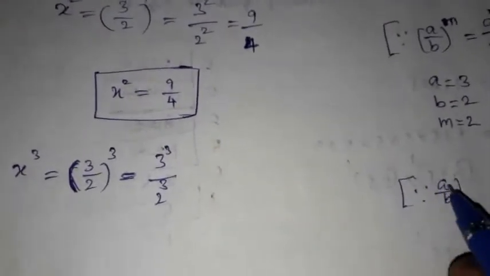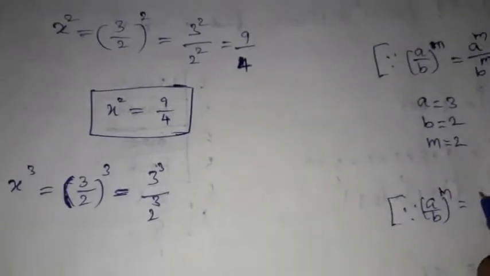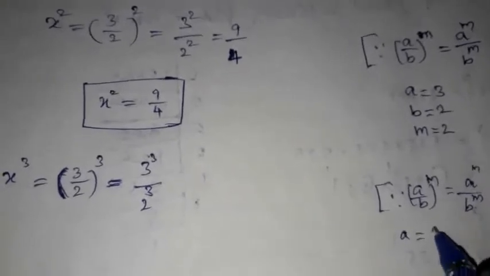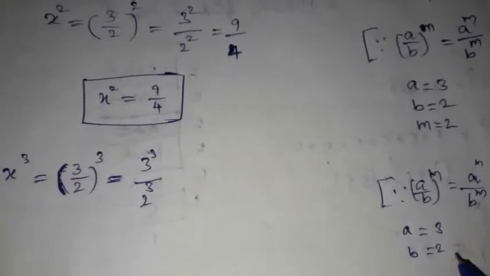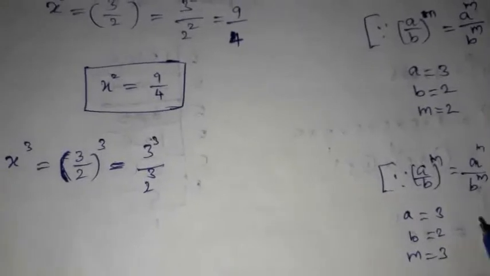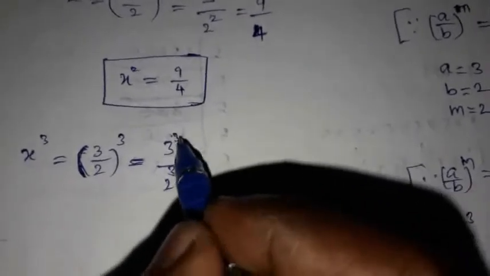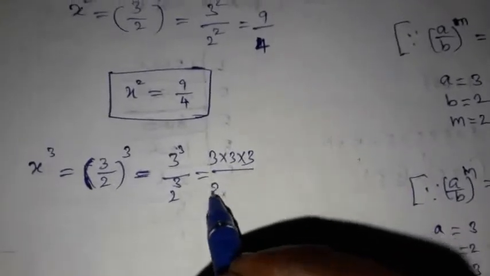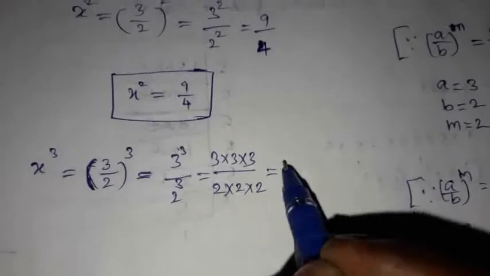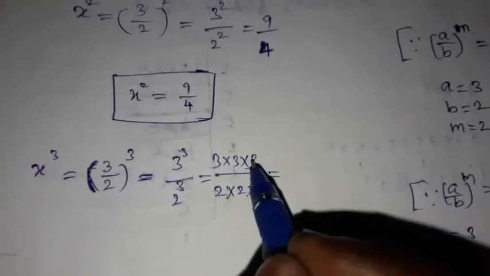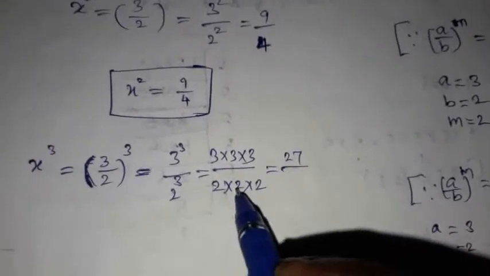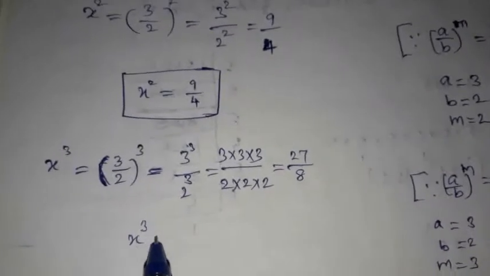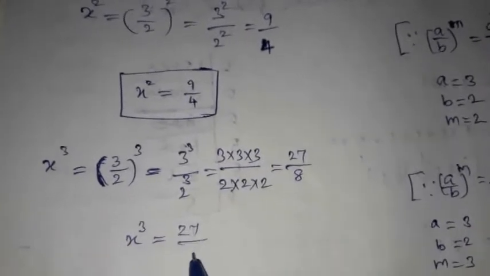A by b the whole power m equal to a power m by b power m, where a equal to 3, b equal to 2 and m equal to 3. 3 cube can be written as 3 into 3 into 3 and 2 cube can be written as 2 into 2 into 2. 3 3s are 9, 9 3s are 27, 2 2s are 4, 4 2s are 8. So we got the answer x cube equal to 27 by 8.